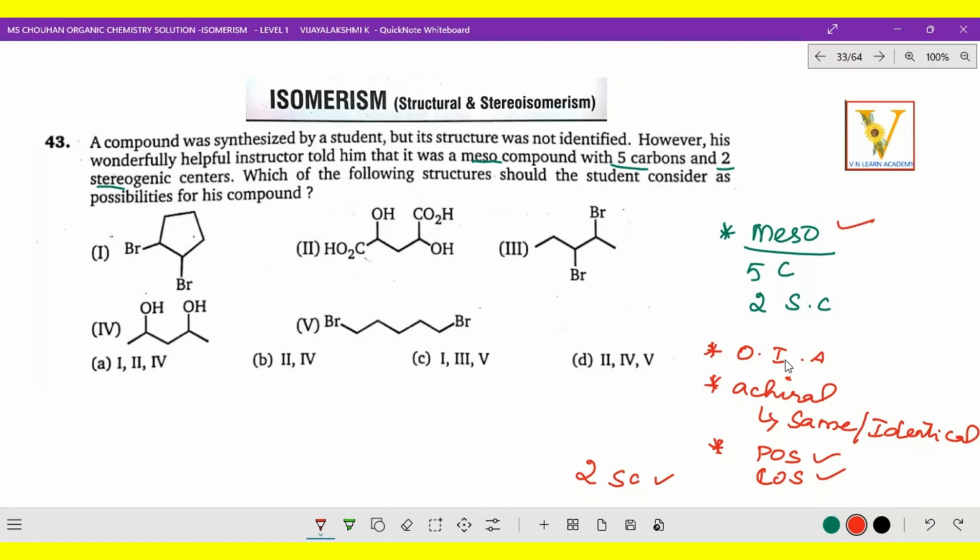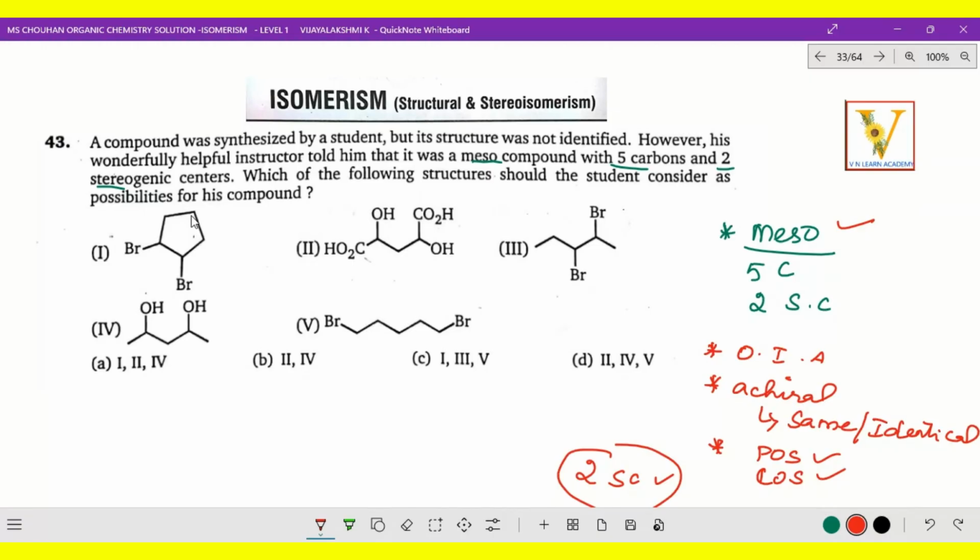Now let us check whether all these conditions are applicable for these compounds. Here for meso, 5 carbons should be there and two stereogenic centers. Yes, of course, a minimum of two stereogenic centers should be present for meso. Now the first compound, cyclopentane, actually has 5 carbons.